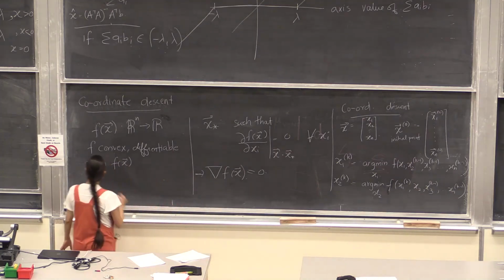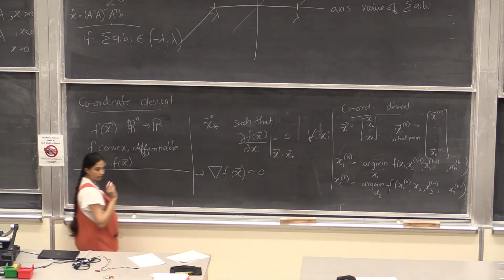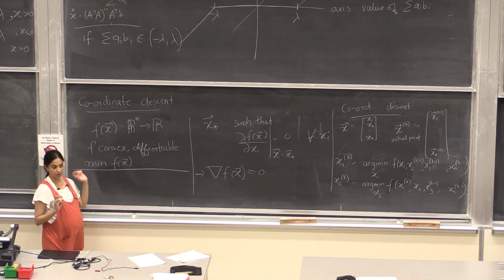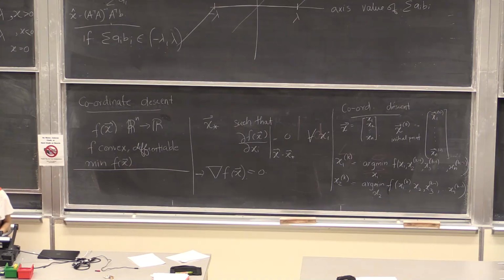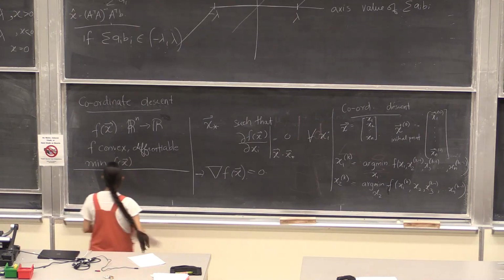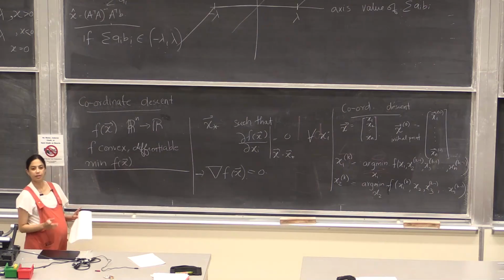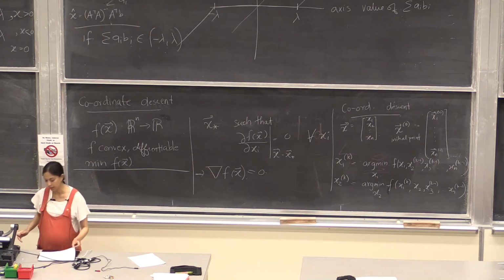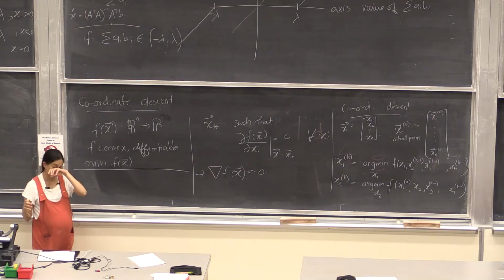Of course, there's a condition. For coordinate descent to work, of course, it will work if it's convex and differentiable, but I actually want to apply it to lasso. Lasso is convex, but is it differentiable? No. Turns out this method can also apply in the case where your non-differentiable part is what is called separable, in the sense that it can be separated into coordinate elements.